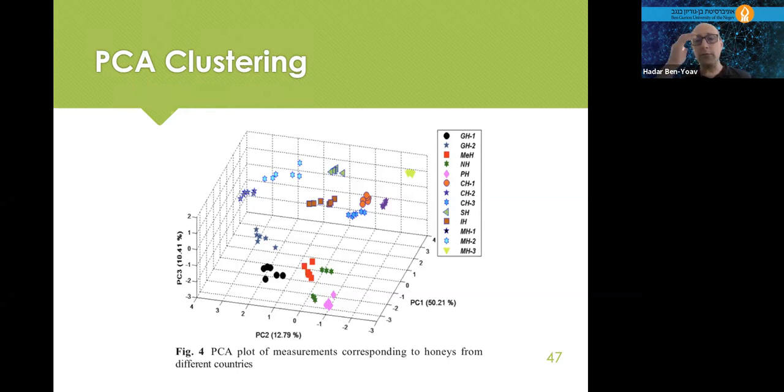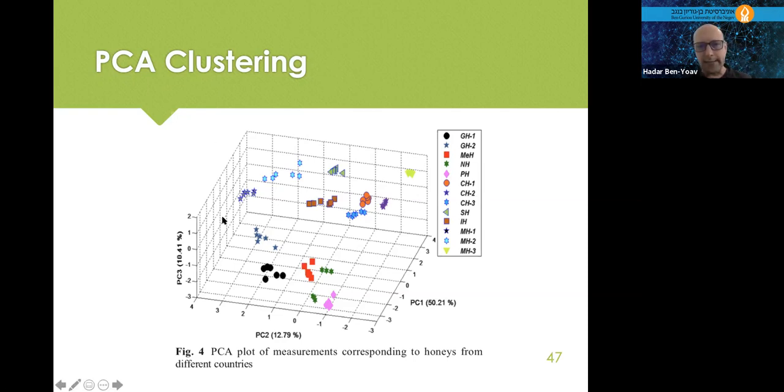For that, we need to take all this data and build classification models. For PCA, the most common classification model is linear discriminant analysis, LDA.